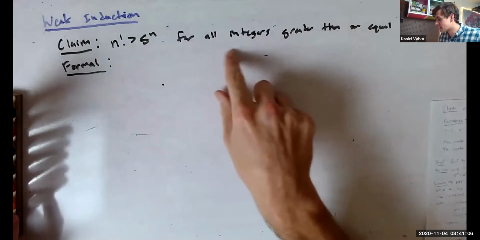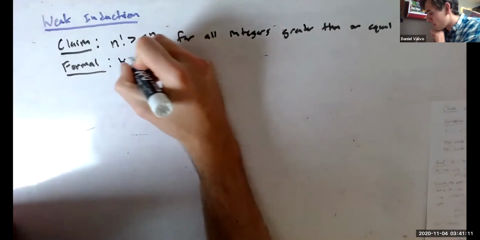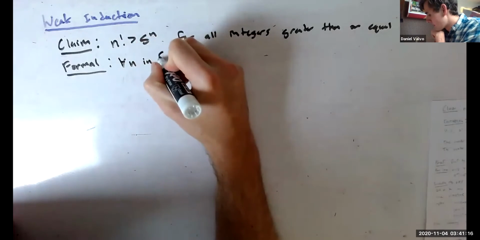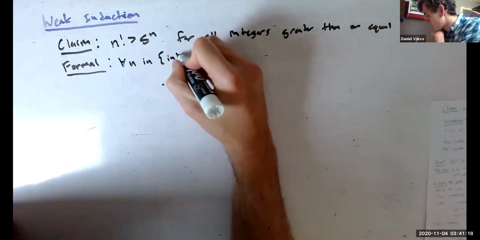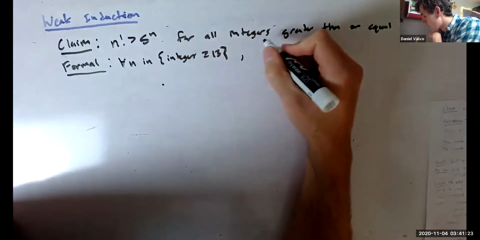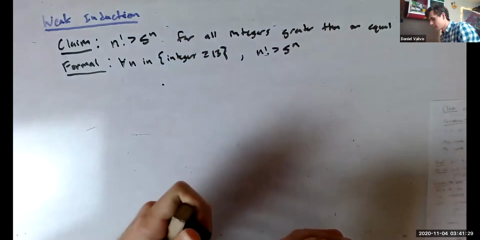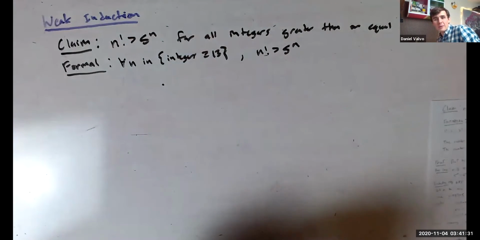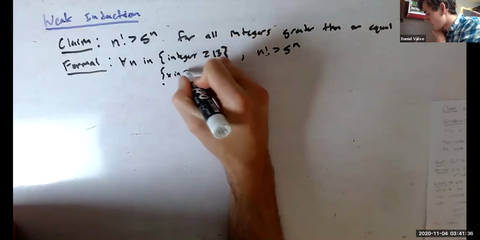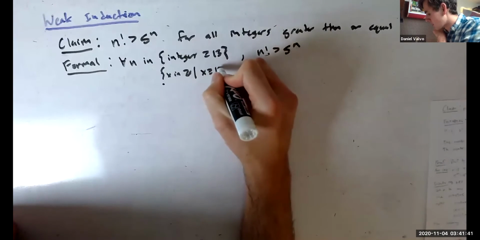So even though English makes sense to introduce it after you talk about it, in logic we need to say for all n in the set of integers greater than or equal to 13, n factorial is greater than 5n. And by the way, the set of integers greater than or equal to 13, you could write this as just the set of all integers x such that x is greater than or equal to 13.